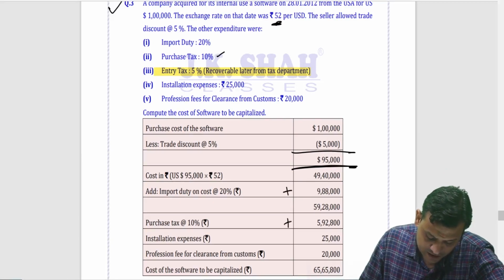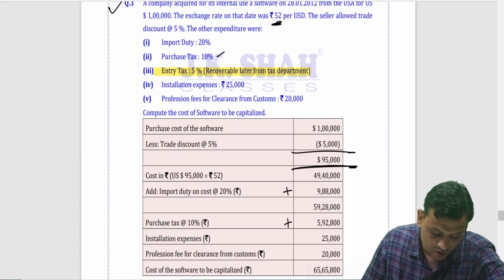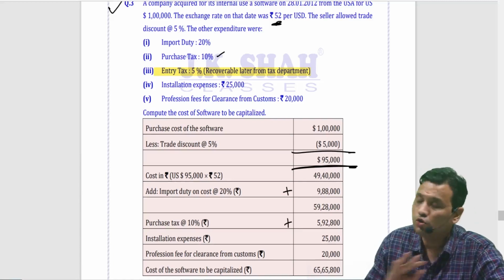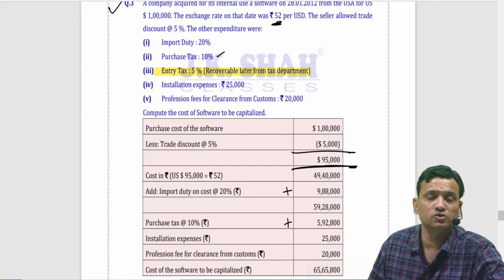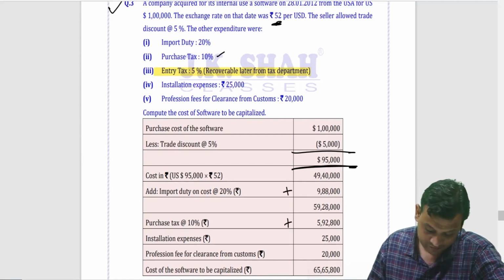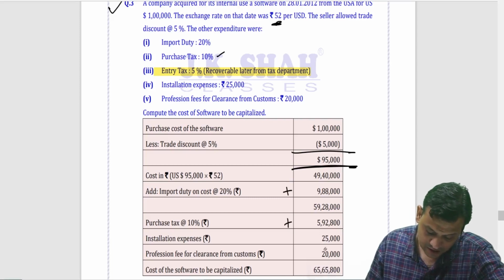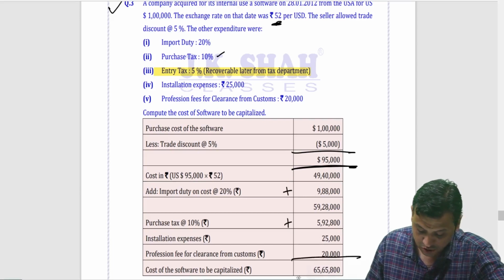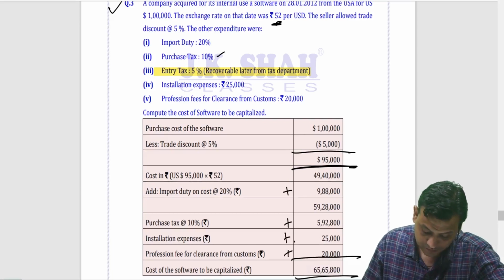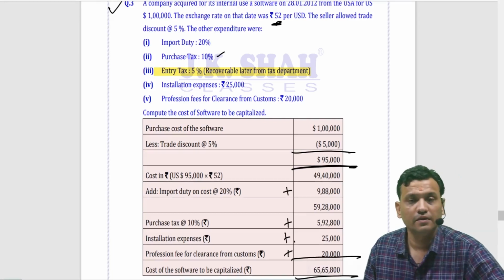Again this purchase tax is added. What about entry tax of 5%? No sir, not to be added. Why? Because we are going to get credit of it. Then installation expense and professional fees are added. So this is the total cost. Very simple.